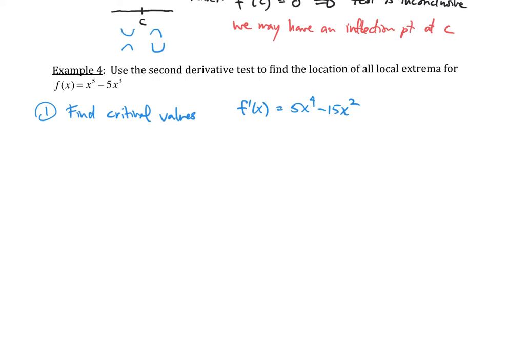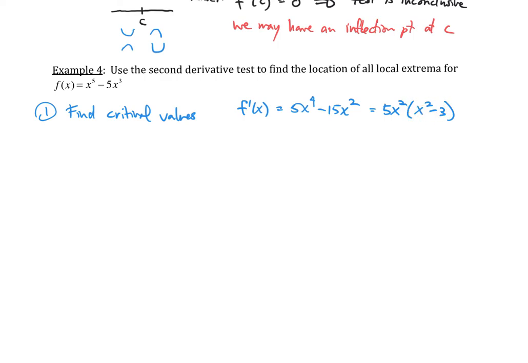When I look at this first derivative, it tells me that I have a common factor of 5x squared, so I could factor that out. And when you look and see what remains, you're going to get x squared minus 3. Then when I look at this second term, I can think of this as a difference of two squares.